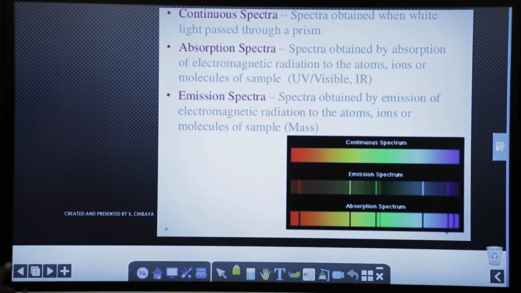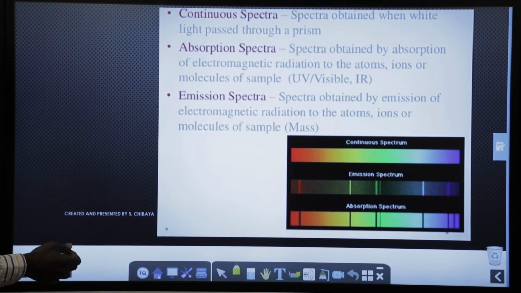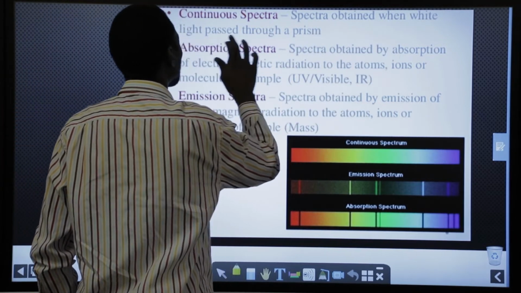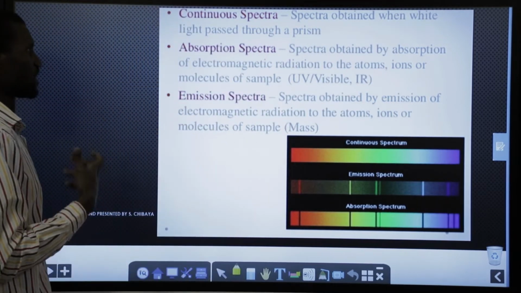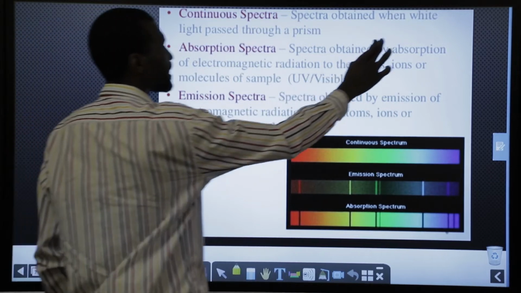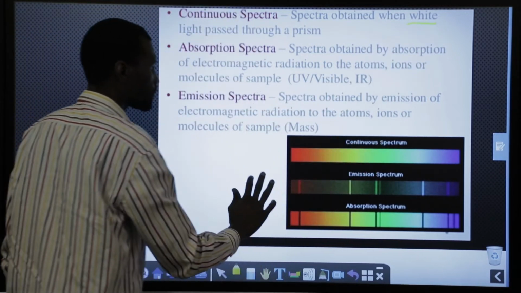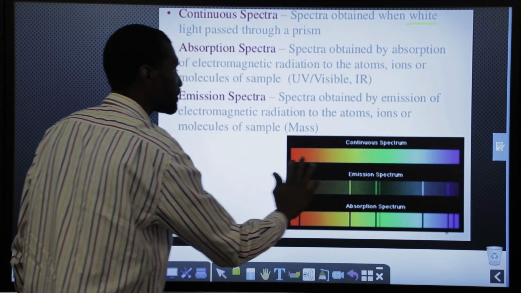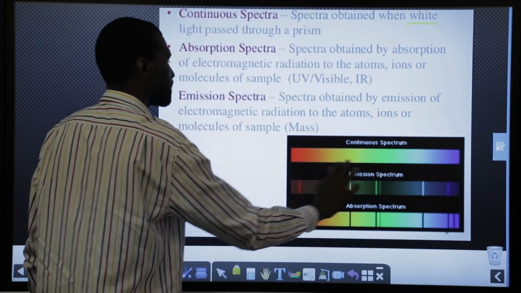the continuous spectra, the absorption spectra, and emission spectra. These aspects are very important. Continuous spectra is the spectra obtained from light passing through a prism. Which light? White light. So when light passes through a prism, it produces the normal continuous spectrum.